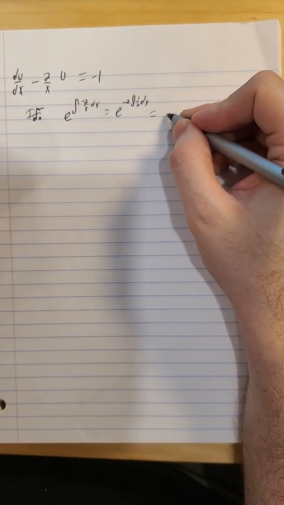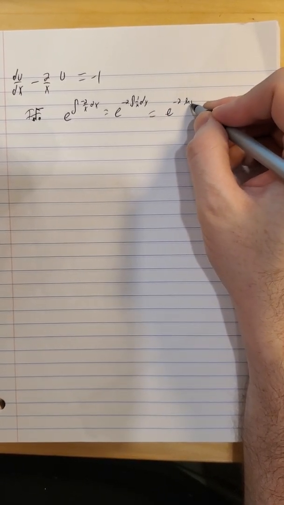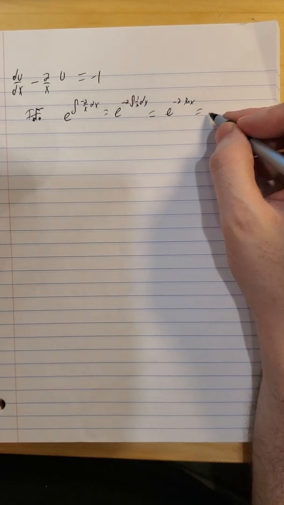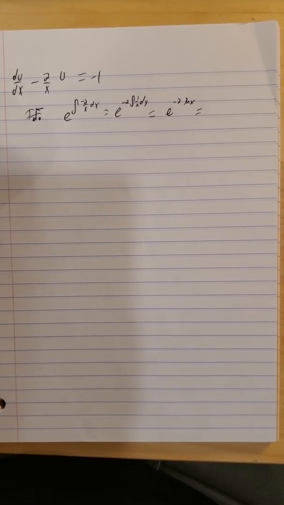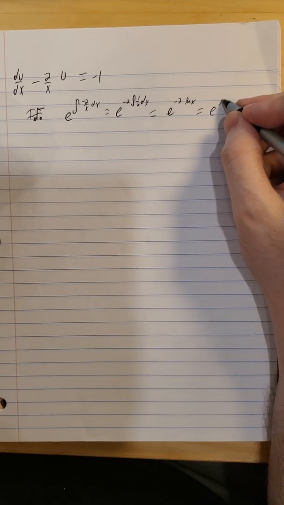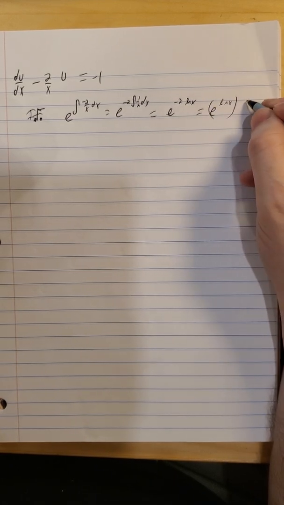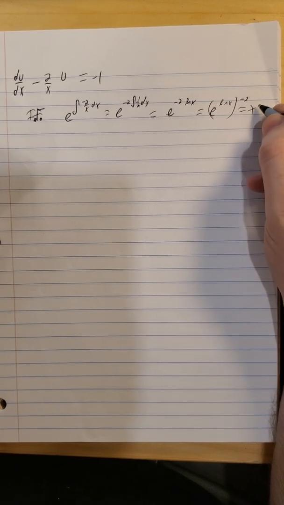So that is e to the negative 2 natural log x. Power to a power we multiply, so e to the natural log x to the negative 2, e to the natural log of x, so this is x to the negative 2.